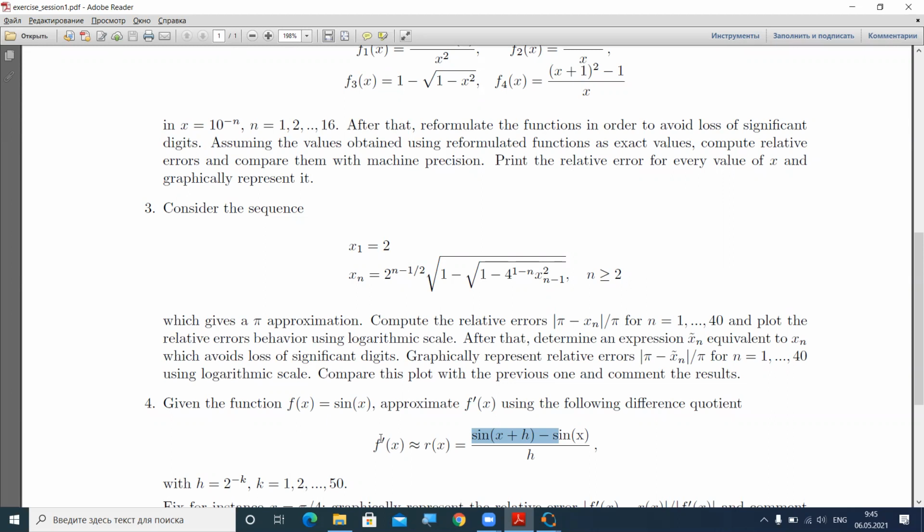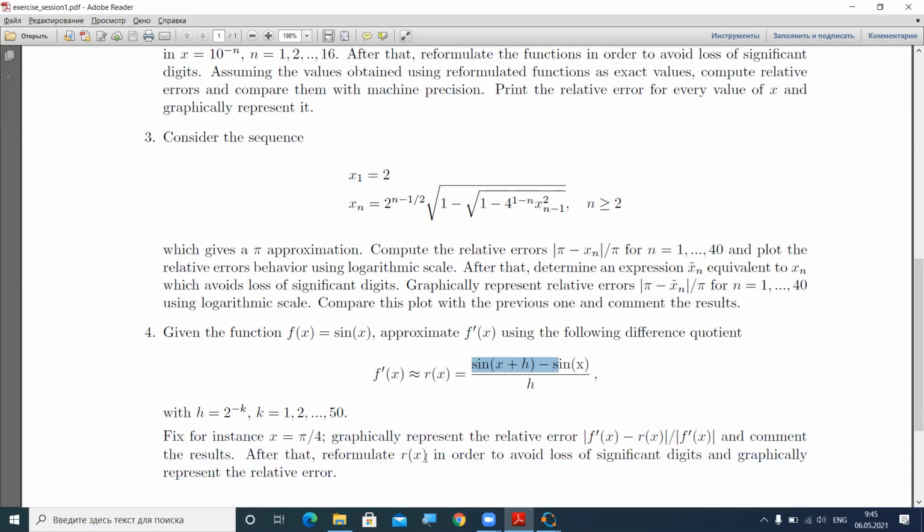That's why we will compare this cosine x with r of x. And we have given h, and we fix, for instance, x, and graphically represent this relative error. And after that, reformulate this r of x. Again, we need to find another form of r of x to avoid loss of significant digits and graphically represent the new relative error. The same work.